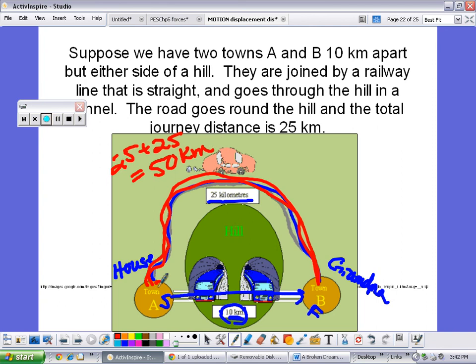Remember, I started here and I finished here. So this time, my displacement is 0. So technically, I didn't move because I started and finished in the same exact spot. So you need to understand the difference between distance and displacement.